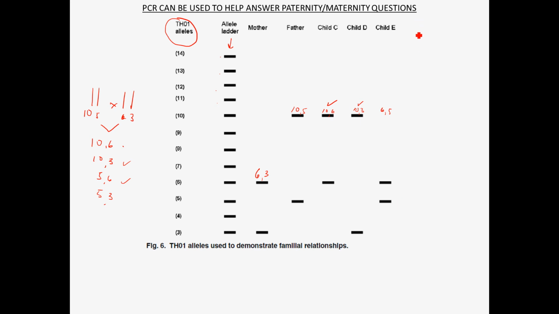So now the question for you would be, what if we had child F, and I want you to show me a PCR result where the child would not be their offspring? And then let's predict here child G. Questions of maternity are rarely raised because the mothers typically know if they had a child or not.